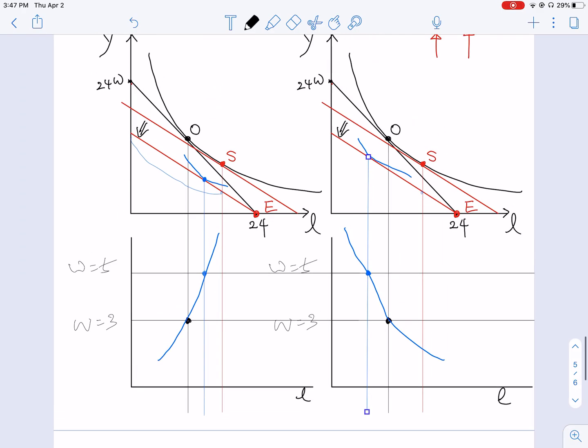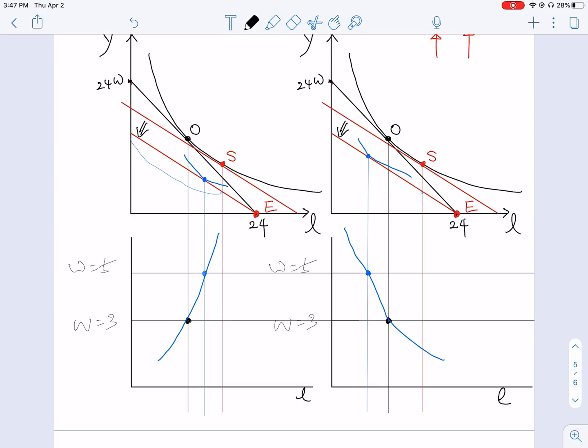If the second is the case, then what we see here is that the demand for the leisure looks like a regular demand curve, a downward sloping one.